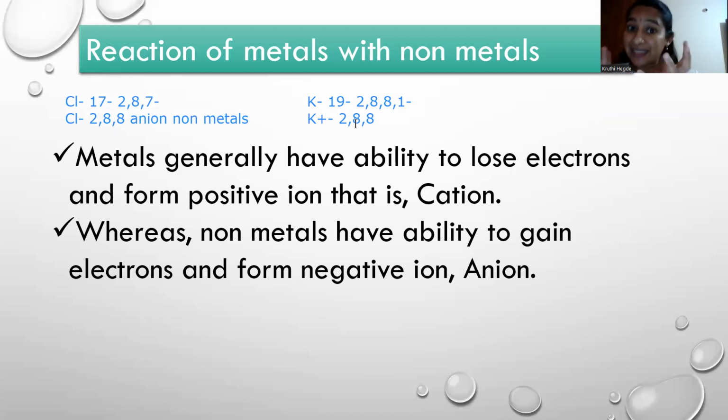If there is an anion and a cation, both attract each other by a strong force of attraction, and that force of attraction is called an ionic bond. Such compounds are called ionic compounds. We are going to study a little about these ionic compounds in this session.